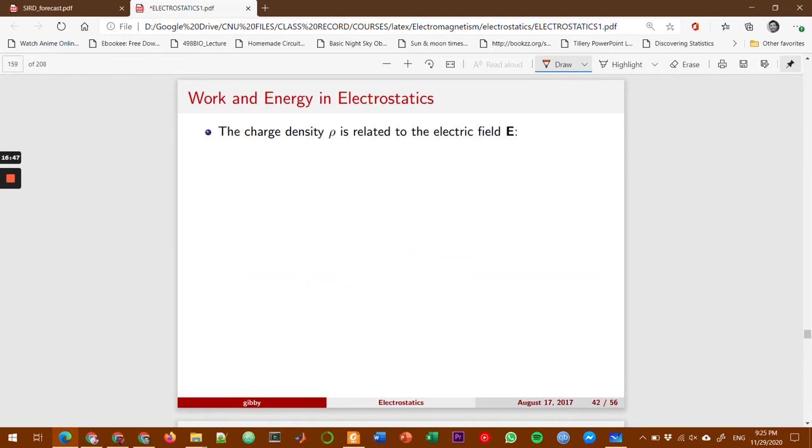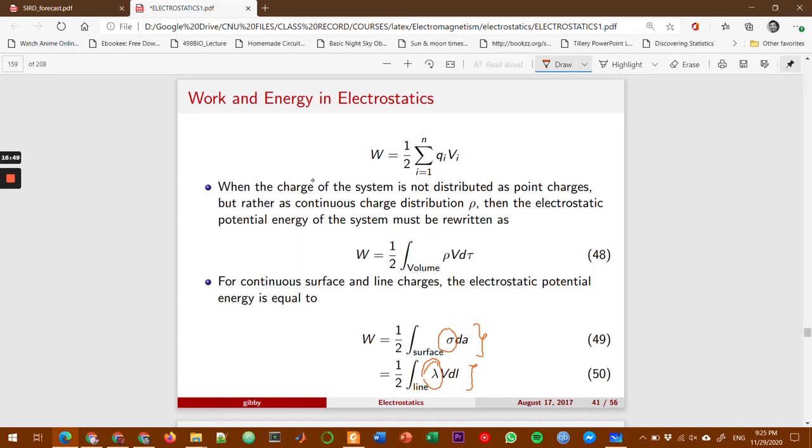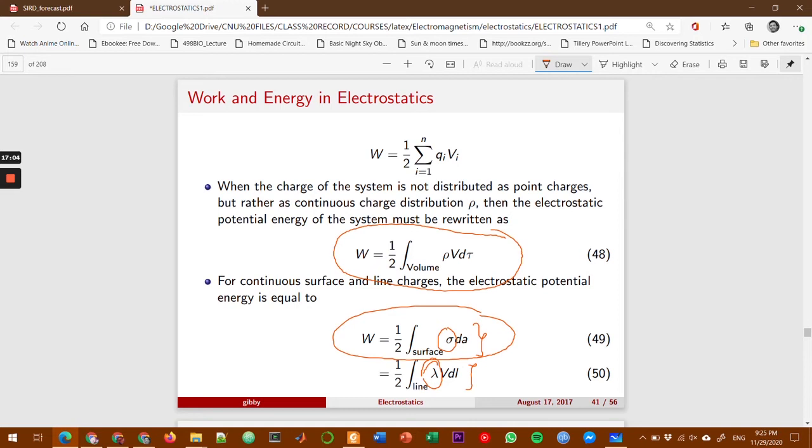Take note of these formulas. This one calculates the work needed to assemble a continuous volume charge distribution, this is for surface distribution, and this is for line charge distribution.